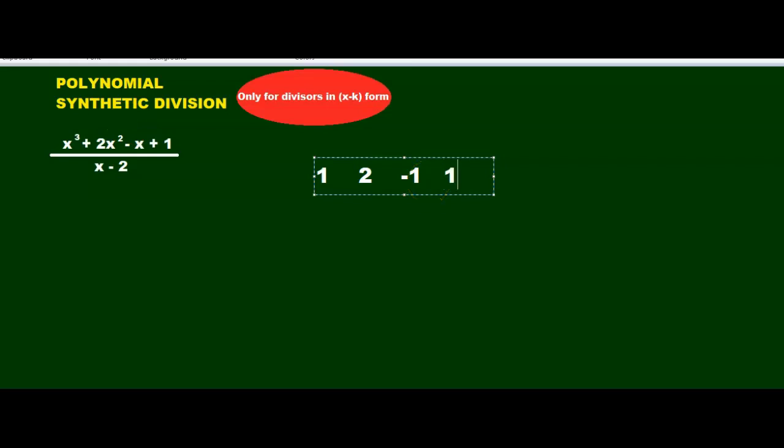Finally, I'm going to add my constant in there. Now, on the outside, I am going to put my 2. That's from the divisor, x minus 2. It's a minus 2, so I have to change my sign to a positive 2 and put it on the outside. Okay, and I'm going to put my little divisor sign there.